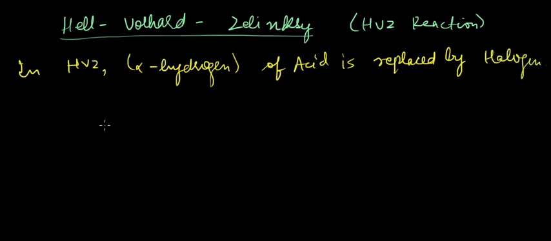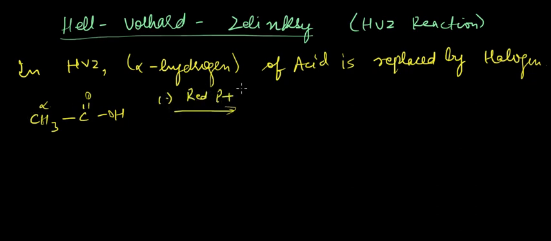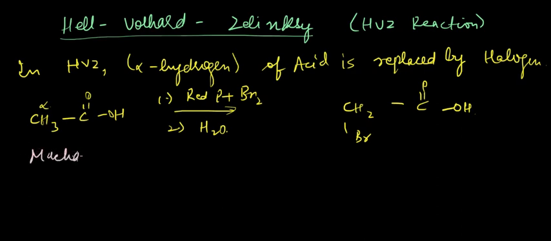So we have acid, this is the alpha hydrogen of this acid, and when we pass it first with red phosphorus plus Br2, and second with water, what we get is the alpha hydrogen is replaced by the halogen, which means this reaction takes place. So let us understand the mechanism of how it takes place.